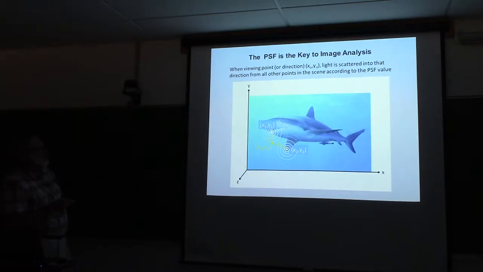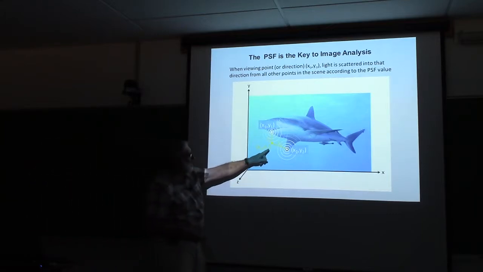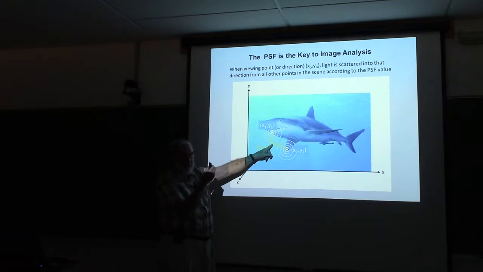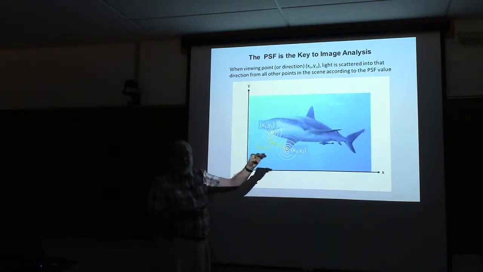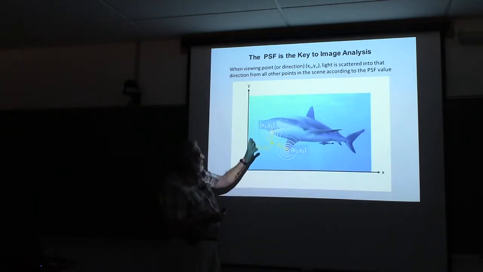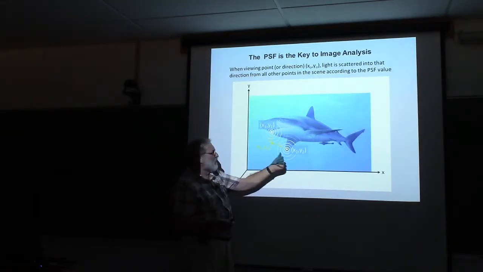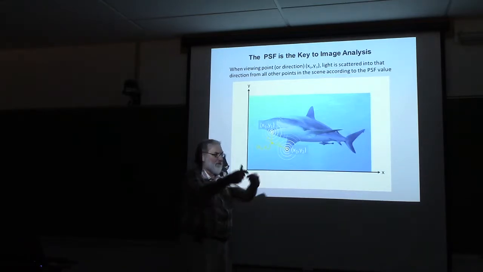So here's the deal. You've got this image here, and let's say you're looking at this point right here. A lot of the light that you're measuring is coming from that one direction and making it through to you. But because of scattering in the water, really every point in the image can scatter light over into your path.